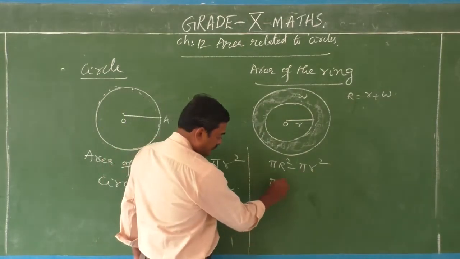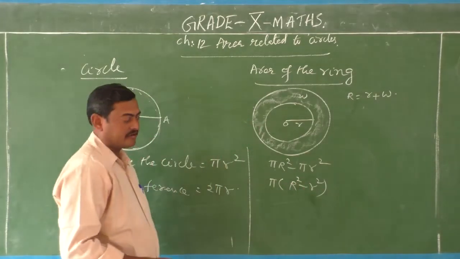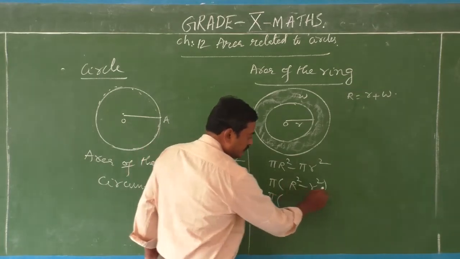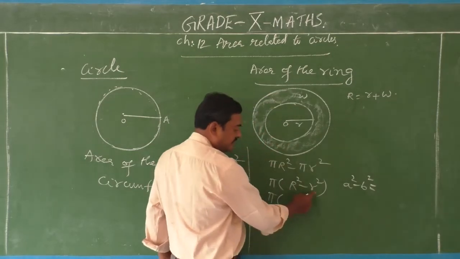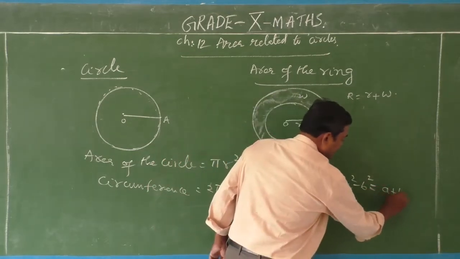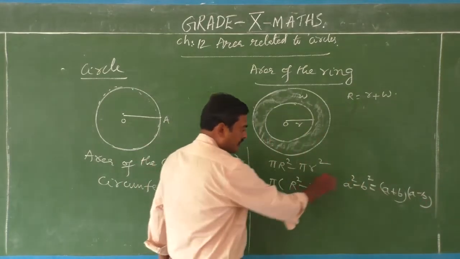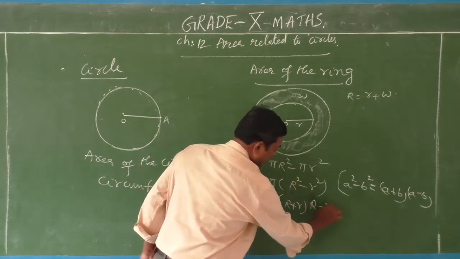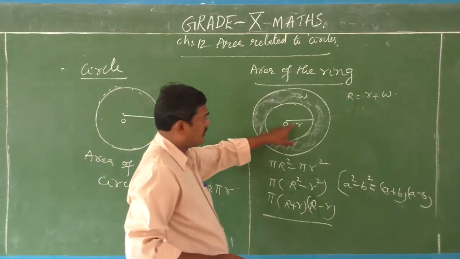Now, if you take pi common, we get pi into R square minus r square. Using the formula a square minus b square equals a plus b into a minus b, we can write pi into R plus r into R minus r, where capital R is small r plus width.